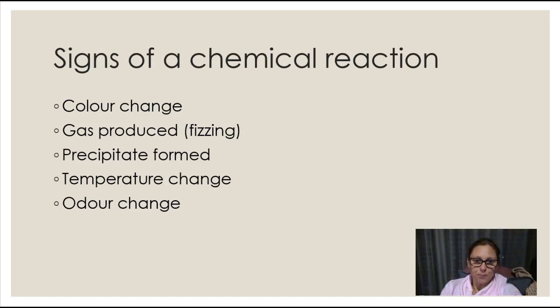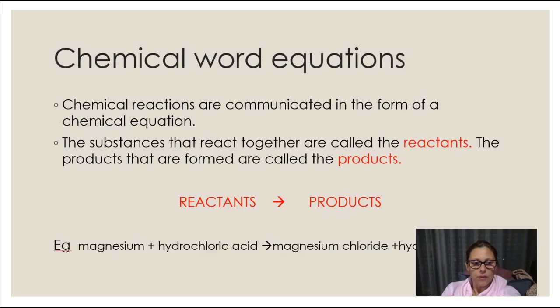odour change. Now, when we do these chemical reactions, new products are formed, and the way we communicate this is in the form of a chemical reaction. So chemical reactions are a way of determining what the reactants are and what the products are. And we do that in the form of a word equation.